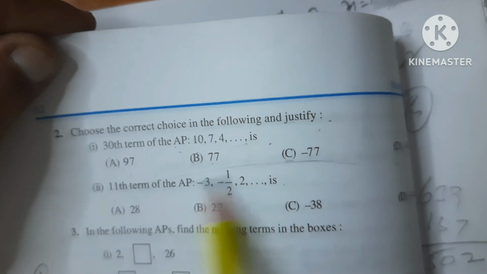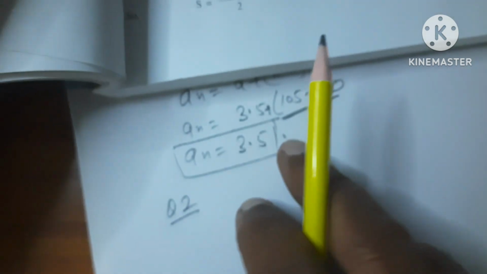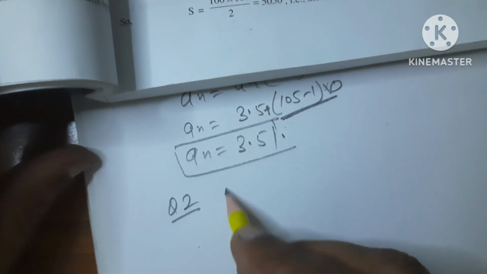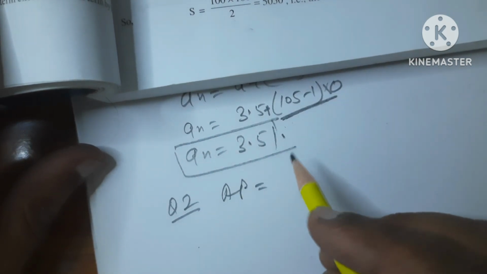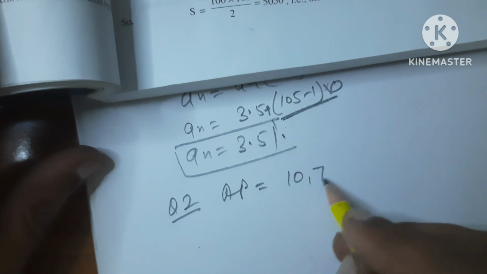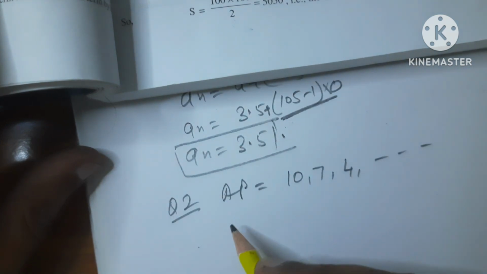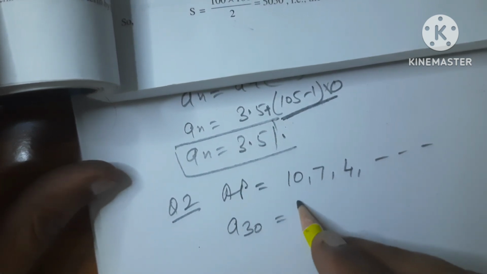We have to find the correct option. That means we'll solve it. Now AP is 10, 7, 4, and we want the 30th term. A30 we want to find out.